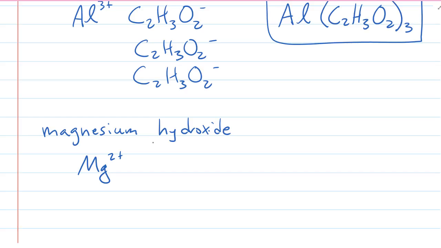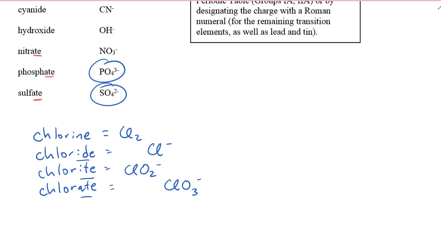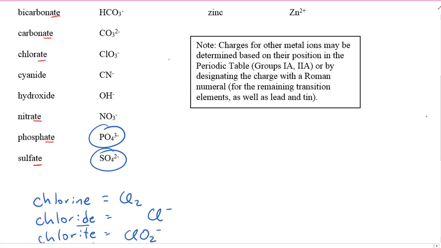Hydroxide. Formula is OH negative. Once again, this is one of your polyatomic ions that you are to have memorized right here. Now, this is the only polyatomic ion you're memorizing that has oxygen in it that doesn't end with ate. It's not hydroxate, it's hydroxide. And again, some of these have a historical context to them, and this is one of them.